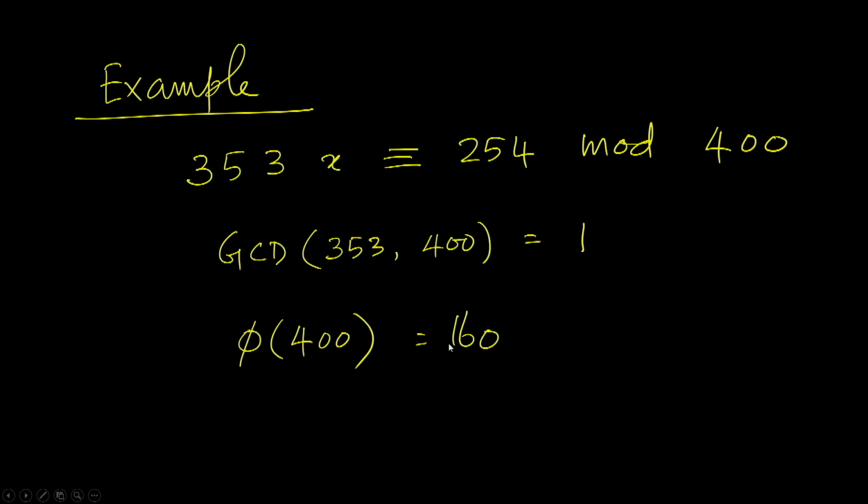We will see a closed form expression for phi later on. From that we will be able to calculate phi, but a manual verification will in any case show that phi of 400 is 160.